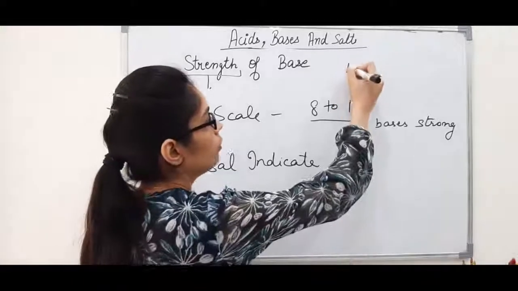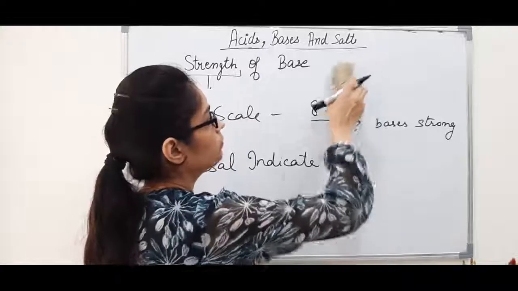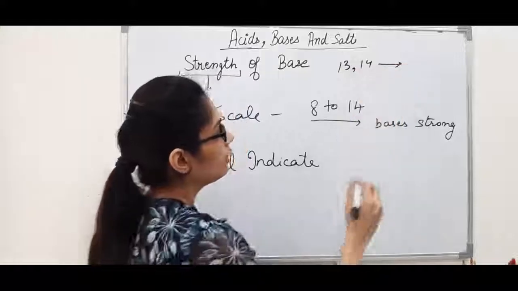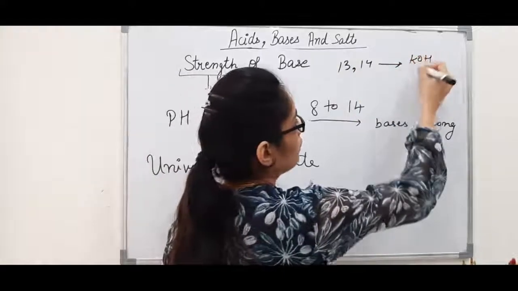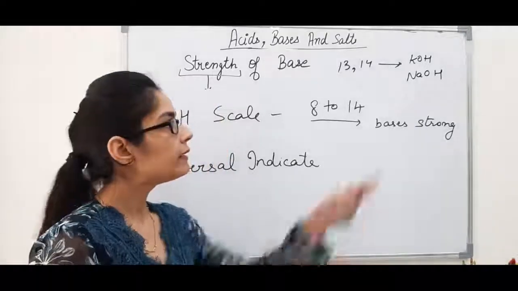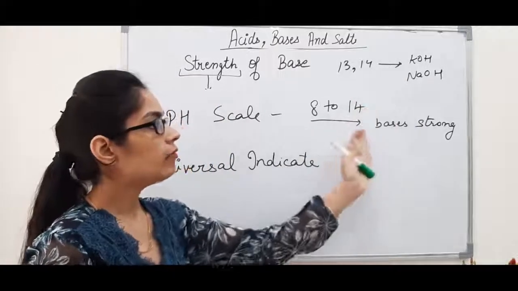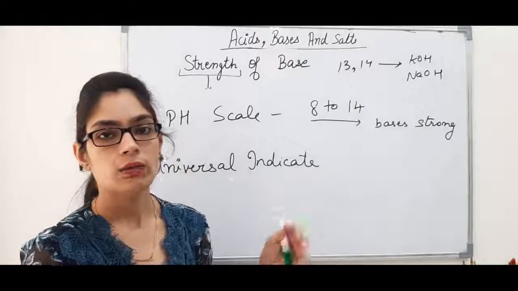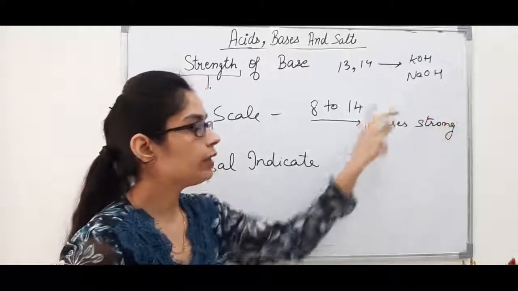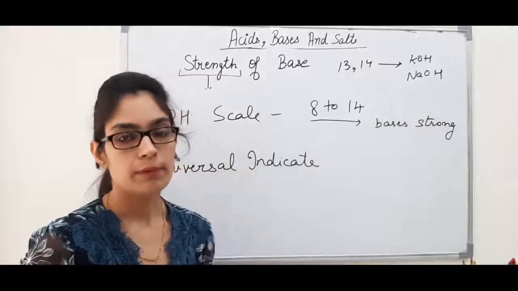So if you get a value of 13 or 14, it can be KOH or NaOH, because just now we have discussed these two are strong bases, and here we have discussed if pH values are near to 14, it means they are showing us strong bases.